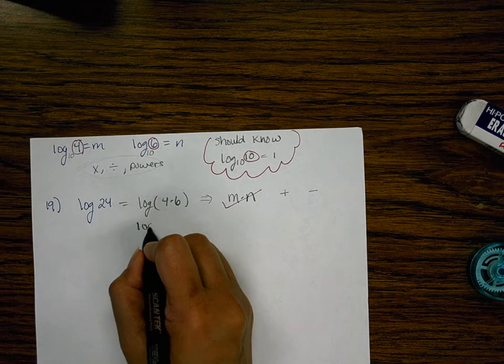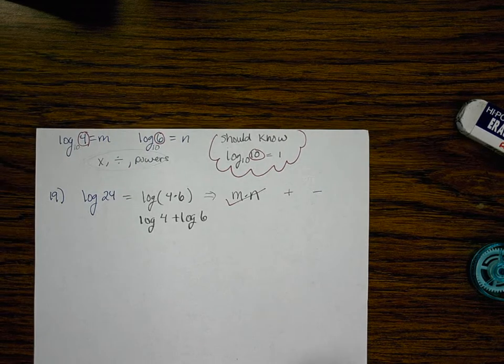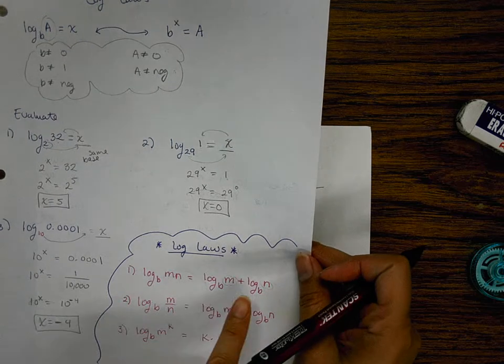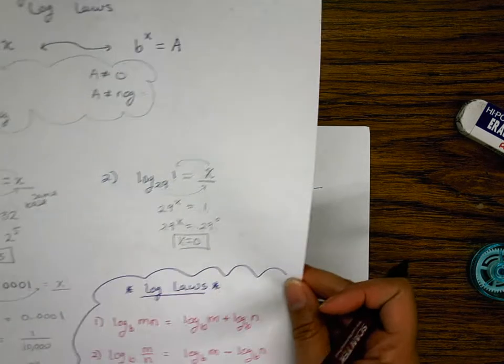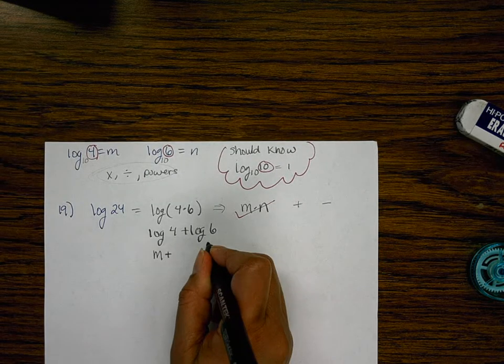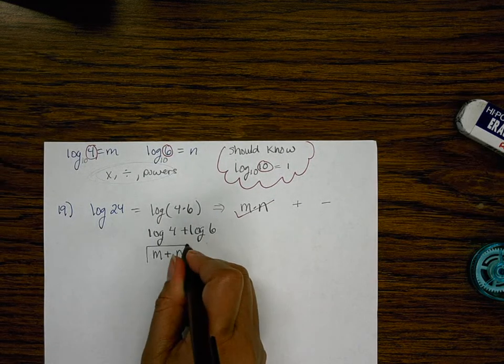We break it up. Log of 4 plus log of 6, because that is our log law that we had in notes. When it is multiplication, it becomes addition. So now we're expanding instead of condensing. All right, log of 4 is m, plus log of 6 is n, so m plus n is the answer.